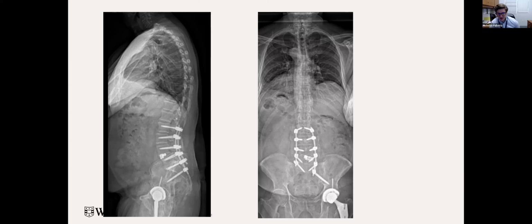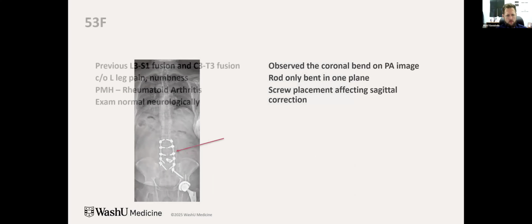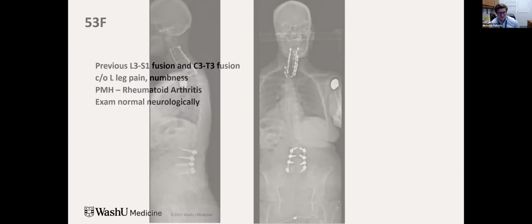But basically if the spine is not loose enough, you aren't going to get the correction you desire regardless of the implants you use. And I'll explain that a little bit more and you'll see that in the next case actually.